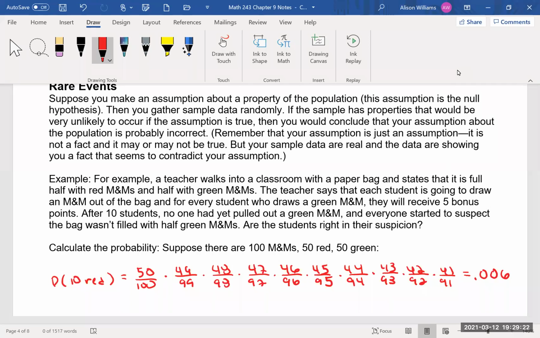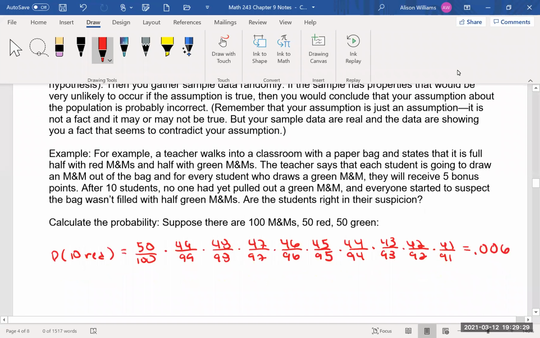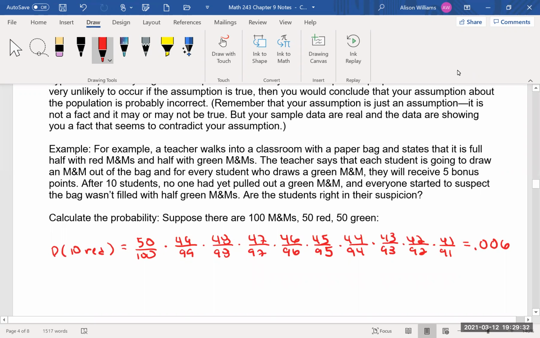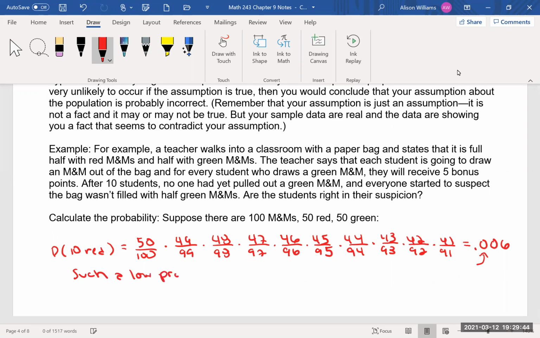So the answer is they should be suspicious. I do think the teacher is not being honest. When the probability is this low, we start to suspect that something is wrong. And the thing we should start to suspect is wrong is the initial statement we took to be true. Such a low probability means that it is more likely the teacher lied.